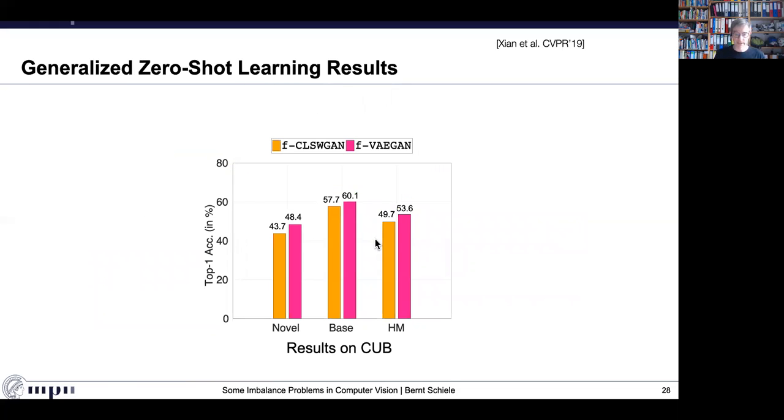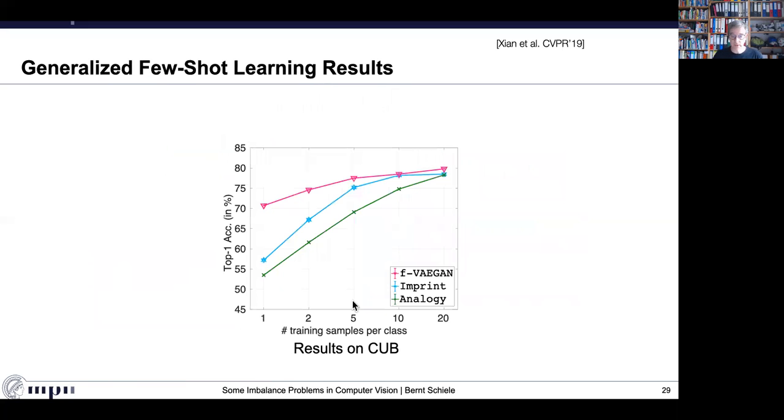That's what we have seen in this paper, the CVPR19 paper. We improve for the novel classes by several percent points, on the base classes as well, and overall obviously also in the harmonic mean. So that's the zero-shot case that we can also use in the few-shot case. Here I'm comparing this to two state-of-the-art methods, imprint and analogy.